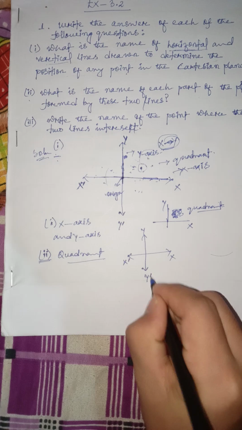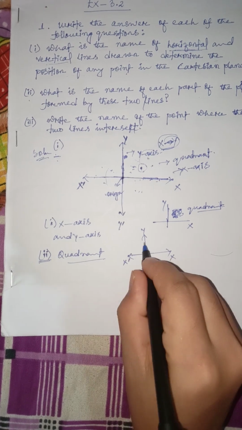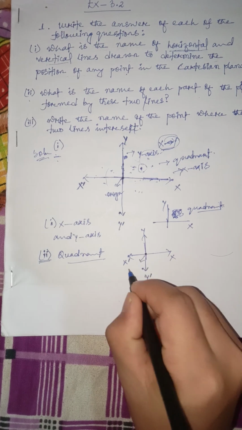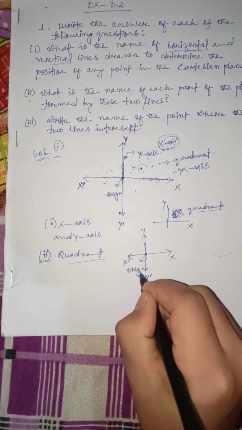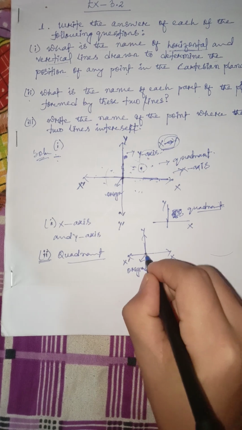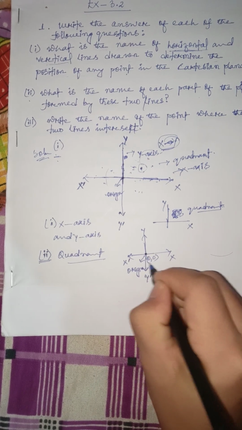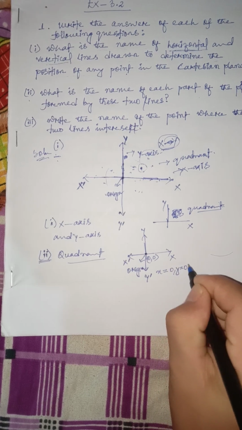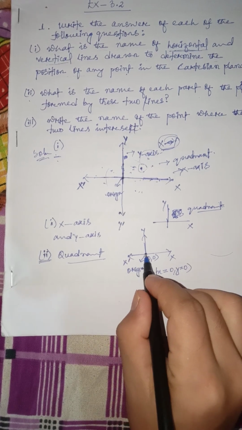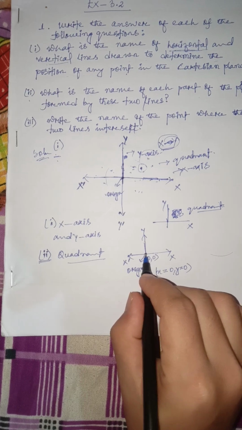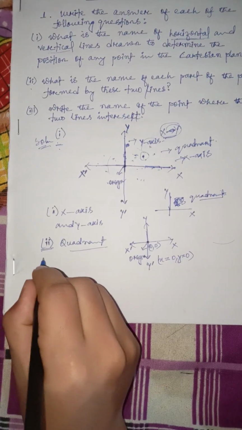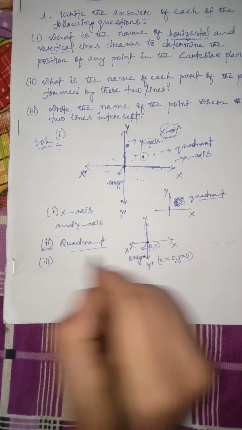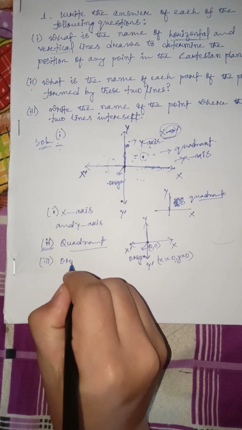These two lines meet each other at some point, and this point we call the origin. The point is (0, 0), that means the values of x as well as y are 0, since this is the point where these two lines meet. So the answer to this question is origin.